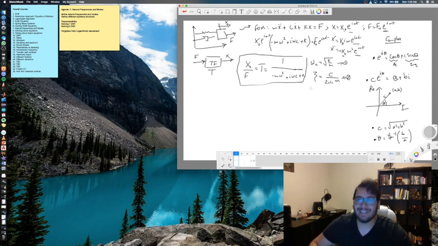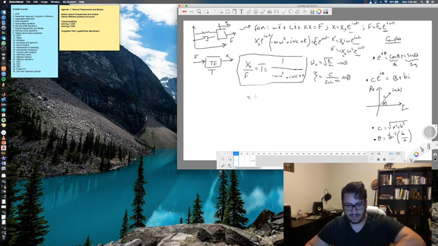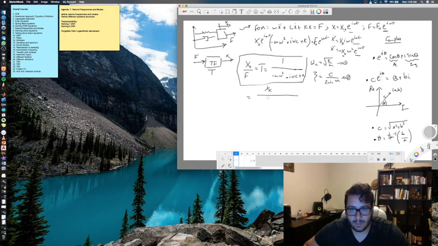So that being said, let's sub both of those into this and see what we come up with. I have it written down here, this way I save myself some math, and it's going to be 1 over k, times 1 minus omega squared over omega n squared, plus i 2 zeta omega over omega n.